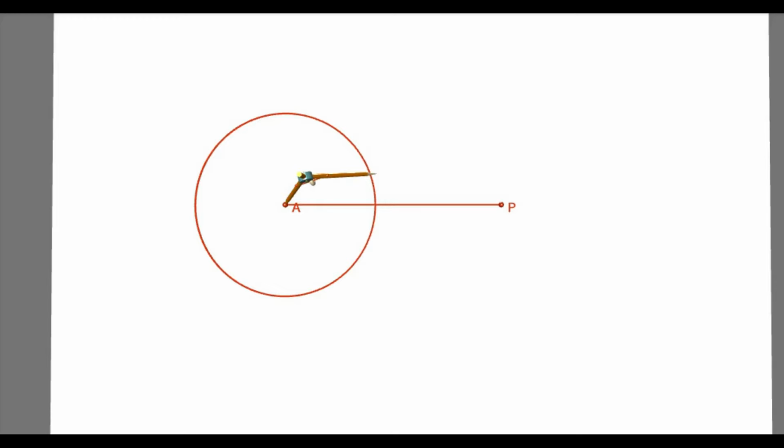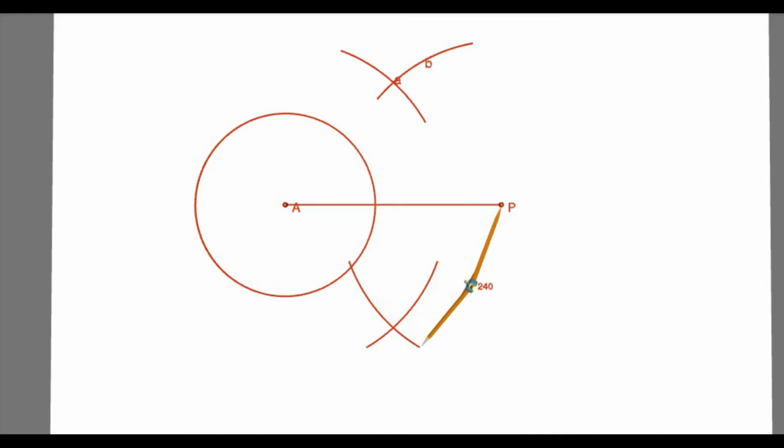For that first we draw the perpendicular bisector of the line segment AP. Here we use the concept that the quadrilateral formed using tangents and the radii is a cyclic quadrilateral.